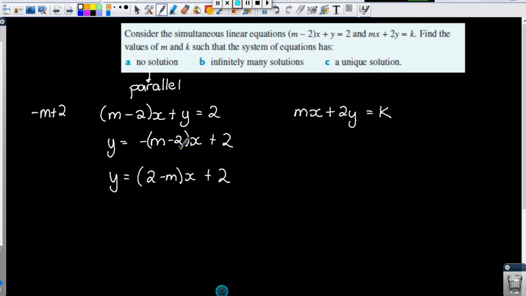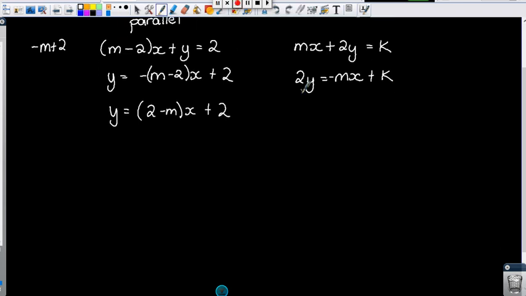Everyone happy? All right, and over here, keep the 2y, the mx goes on the other side, becomes negative, and we've still got our plus k. I'm a lazy individual, so I don't need to do the next bit, because at this point I can now say, the slope here, and it's really annoyed me that they've used m as one of the unknowns, because I really want to go m equals, m for slope.